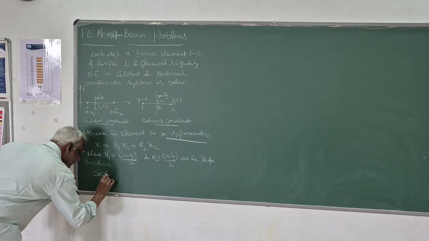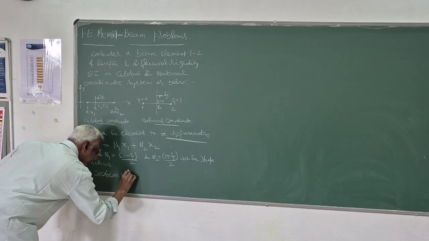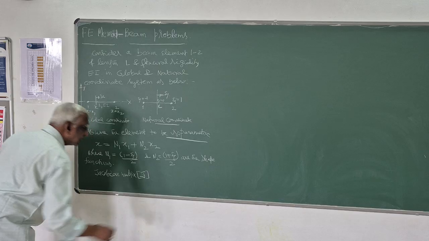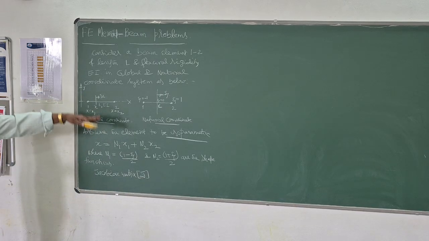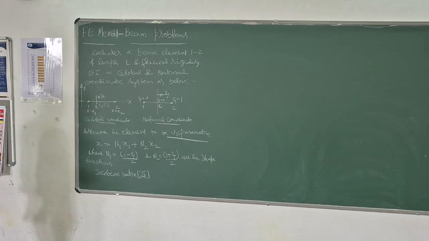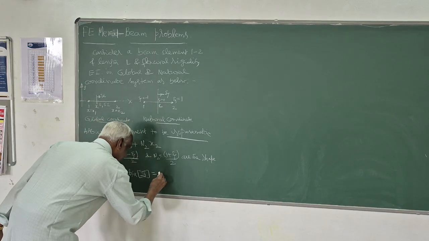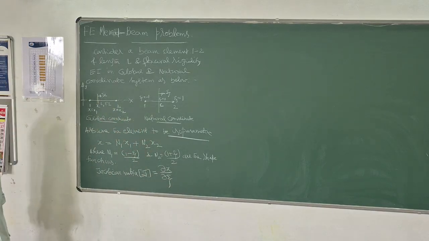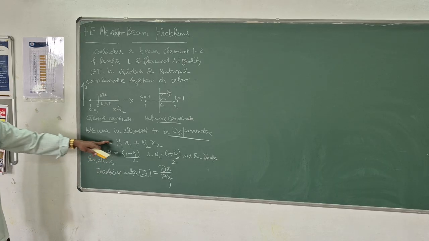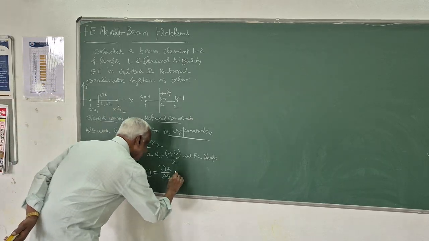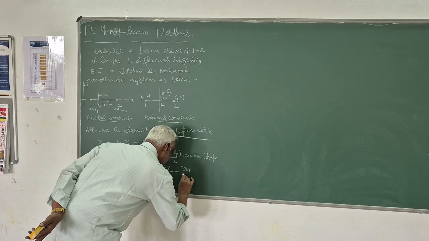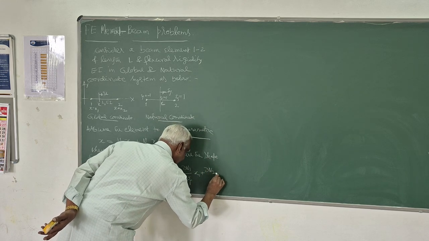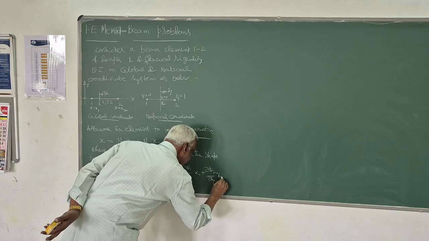Then the Jacobian matrix is the matrix which transforms the element coordinates from the natural coordinate system to the global coordinate system. For one dimension it is given by delta x by delta psi. So x is equal to n1 x1 plus n2 x2, so this is delta n1 by delta psi into x1 plus delta n2 by delta psi into x2.